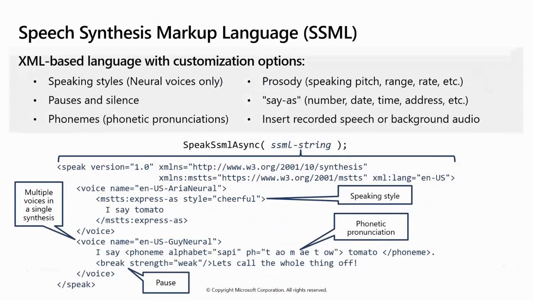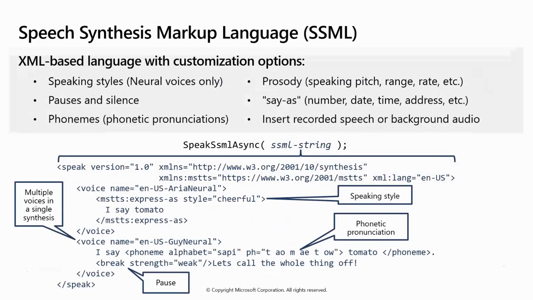We can insert pauses or silence. We can specify phonemes, these phonetic pronunciations, for example, how to pronounce the text SQL as "sequel". We can adjust the prosody of the voice, which affects the pitch, the timbre, and the speaking rate.